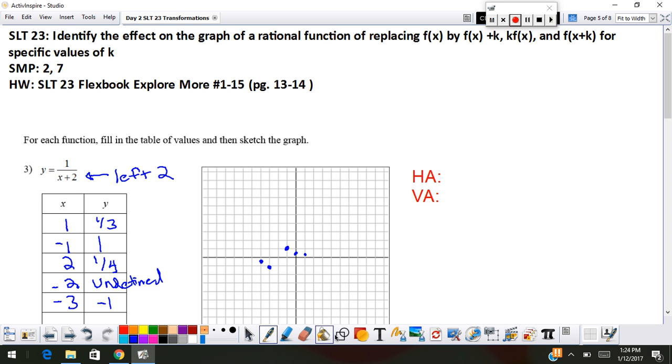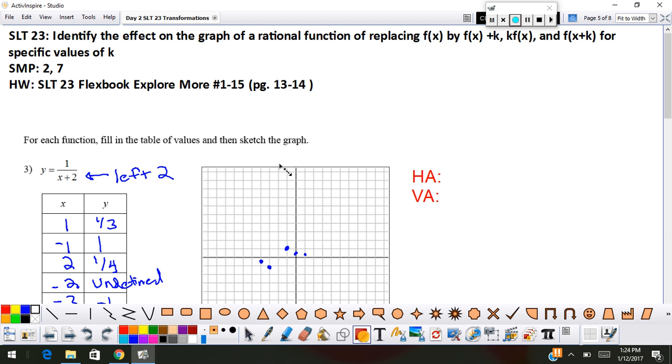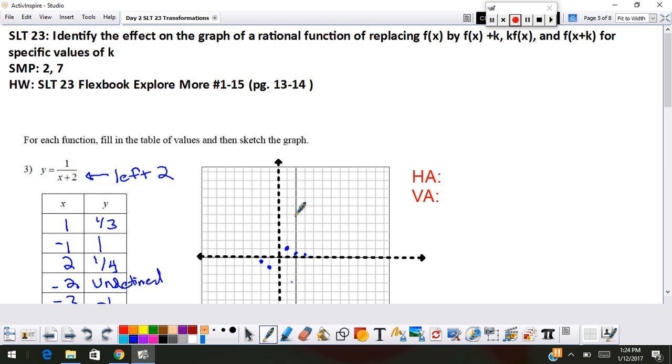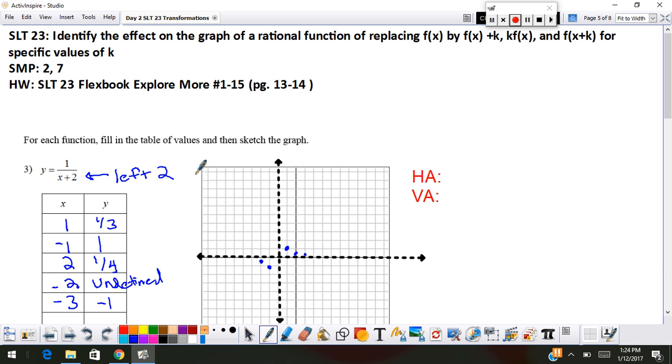So I'm going to grab my asymptote tool. I'm going to put in my vertical asymptote, my horizontal asymptote. Oh, that one's a little crooked. I can do better. There we go. And now I'm going to sketch in my curves. And again, I'm going to use my knowledge that the graph moved left 2 and what I know what the parent function looks like to get a nice smooth curve.